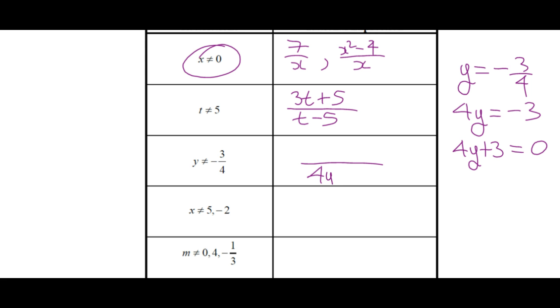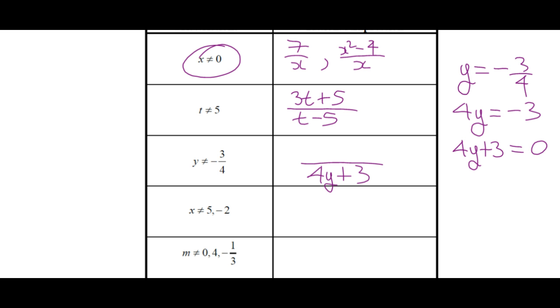So that's what goes down here. I need an expression which, when I substitute the value -3/4 into it, I get 0. So how do I work that out? I say y equals -3/4. Multiply both sides by 4. 4y equals -3. Add 3 to both sides. 4y plus 3 is 0.